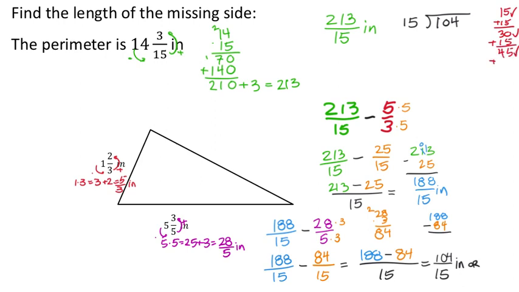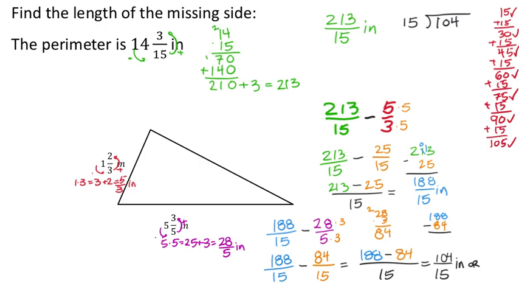Third multiple, plus another 15 there would be 60. Plus another 15 is 75. I'm just putting check marks next to all the actual multiples of 15. Plus another 15 is 90. It looks like that's as far as we need to go because the next one is going to put us over 104. So plus another 15, 105. Yeah, so that one doesn't work.